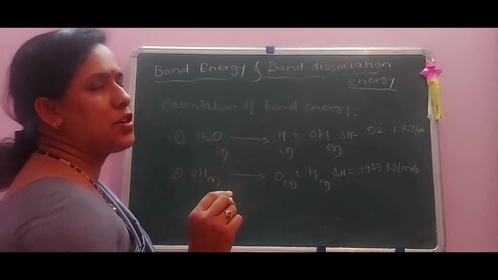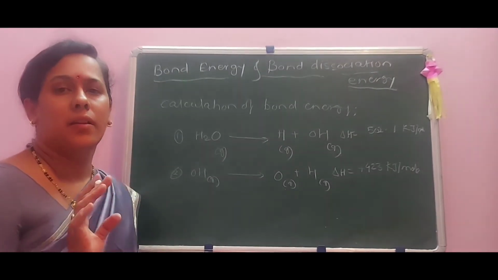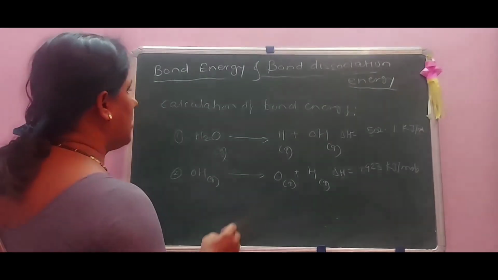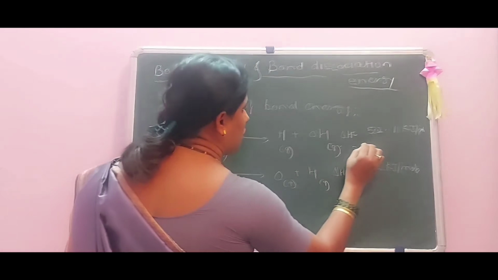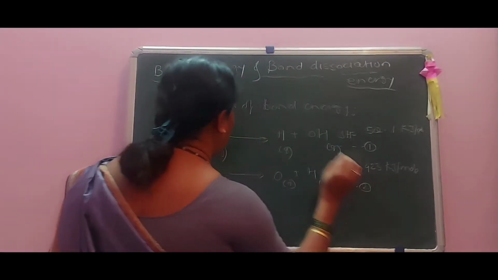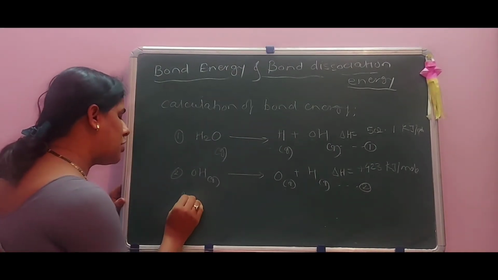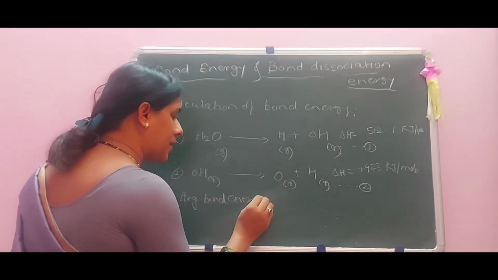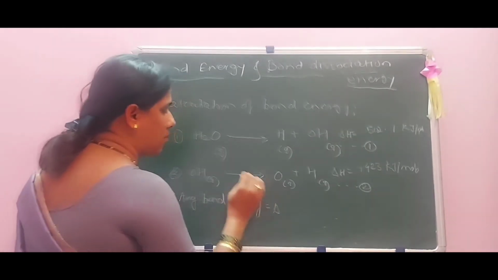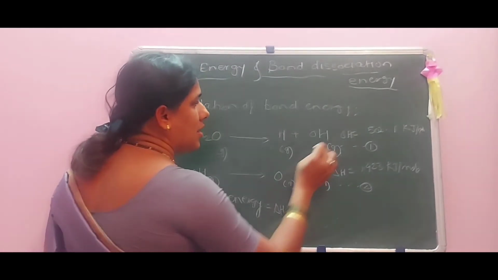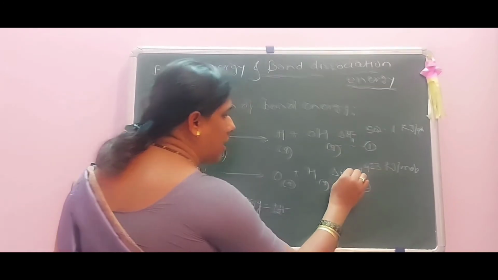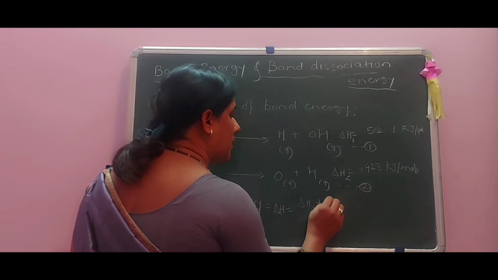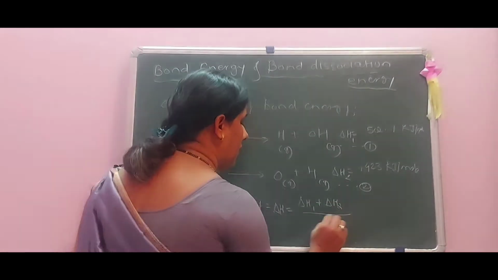Now, in these reactions, we have to calculate the bond energy, that is the average bond energy. Suppose we take this equation as equation number 1, and this as equation number 2. Therefore, average bond energy is equal to delta H1 plus delta H2 divided by 2.